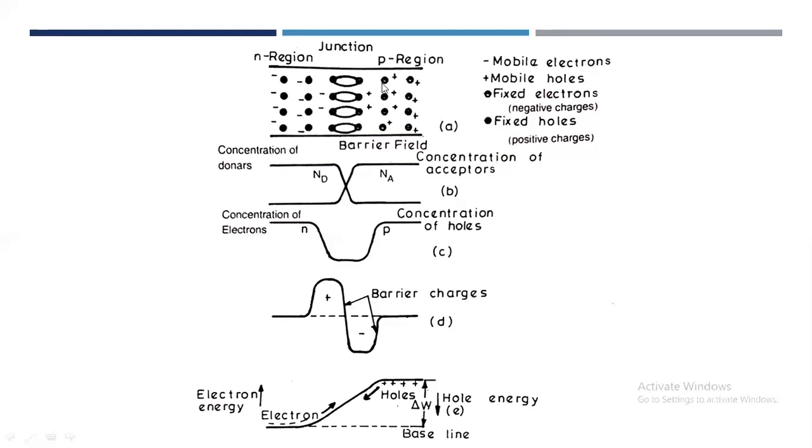These circular charges show immobility, meaning fixed electrons and fixed holes. The signs show negative charge and positive charge. These are electrons and holes with mobility.